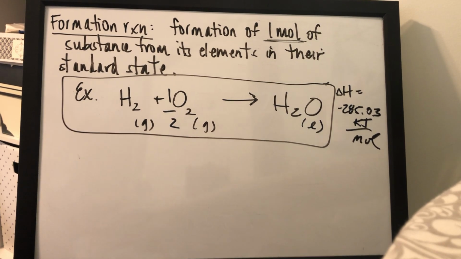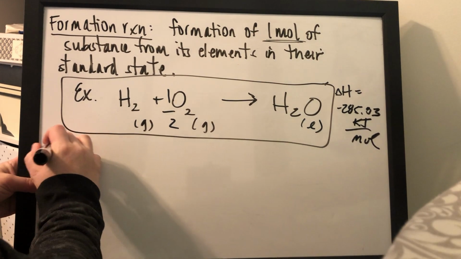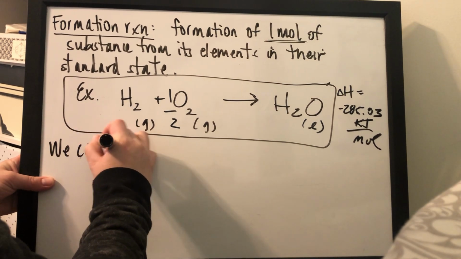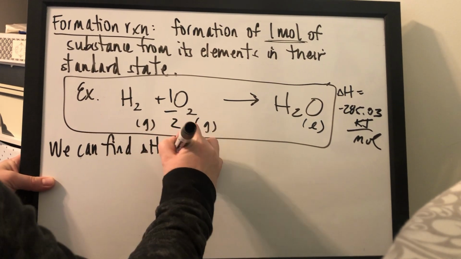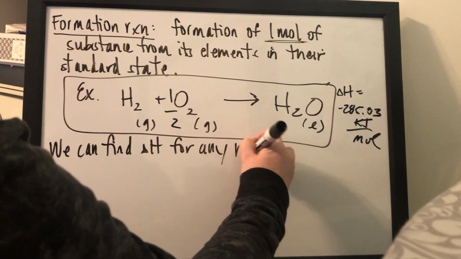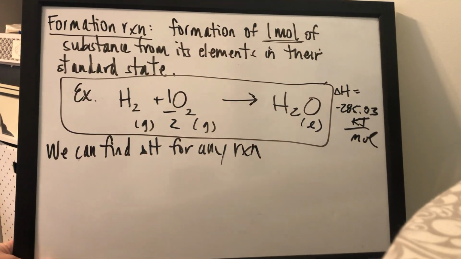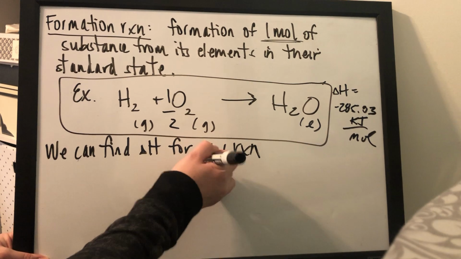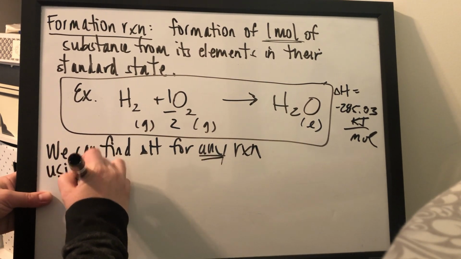But from that idea, we know that we can find delta H for any reaction, any reaction at all, not a formation reaction necessarily, using a formula that looks like this.